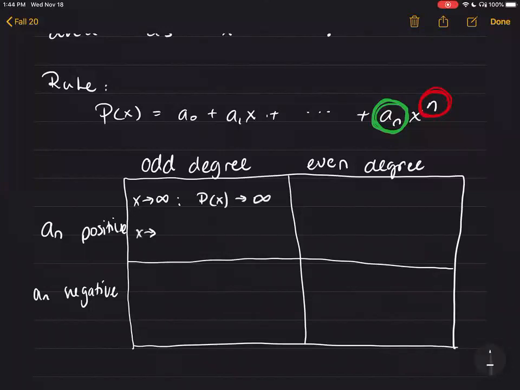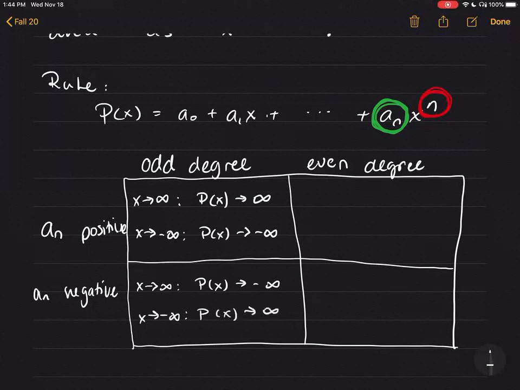And as x goes to negative infinity, p of x goes to negative infinity. Okay, but if an is negative, then it flips. As x goes to infinity, p of x goes to negative infinity, and as x goes to negative infinity, p of x goes to infinity.